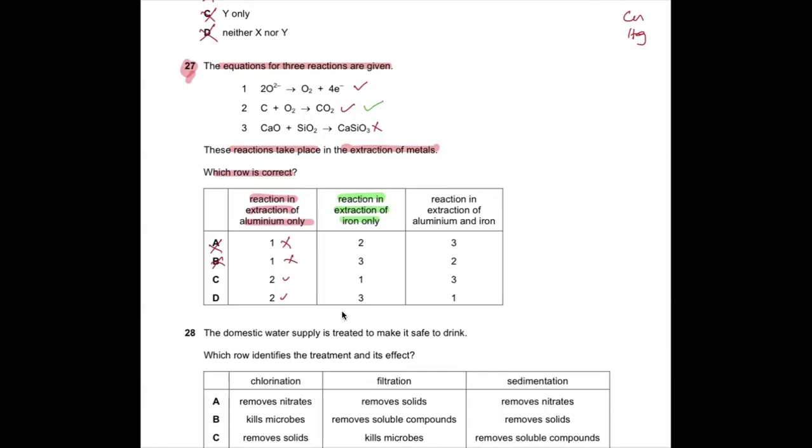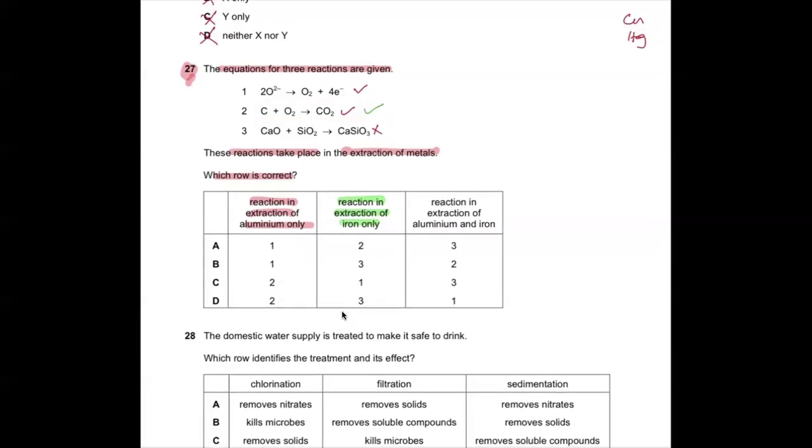They are saying this reaction is taking place in both, right? And over here they're saying for aluminium only. So for aluminium only, we are going to count one reaction, right?